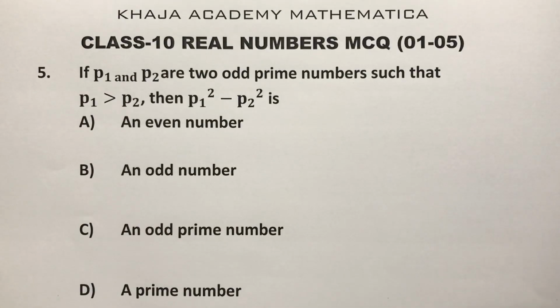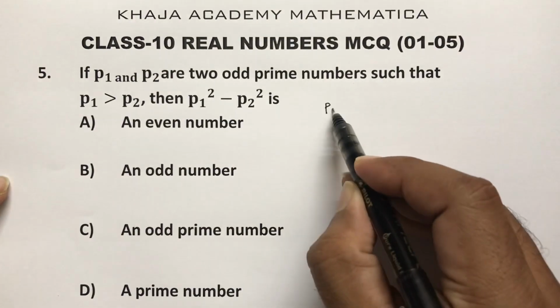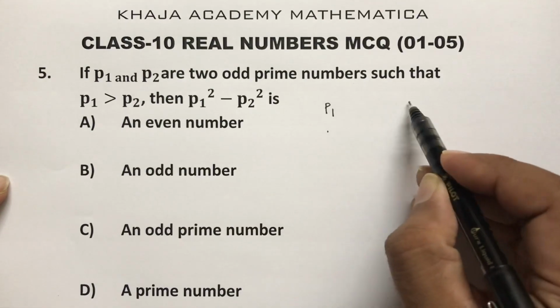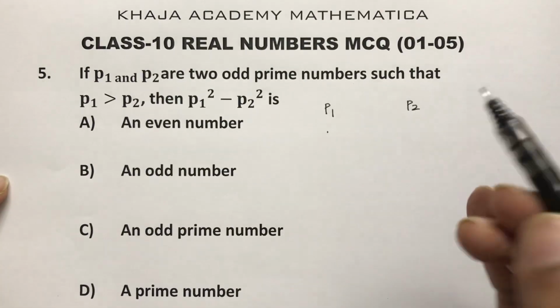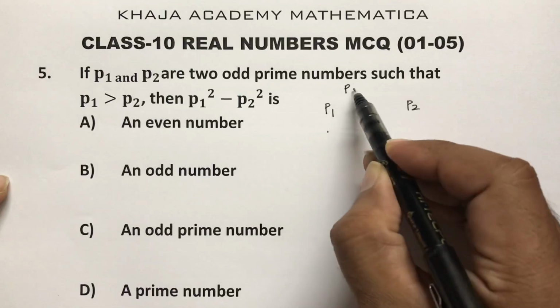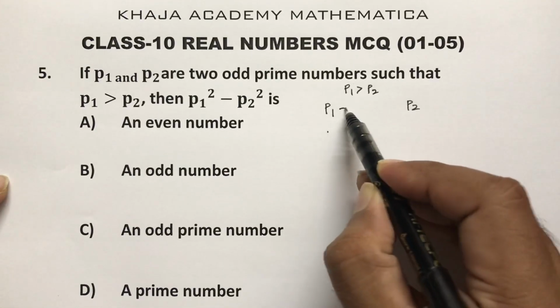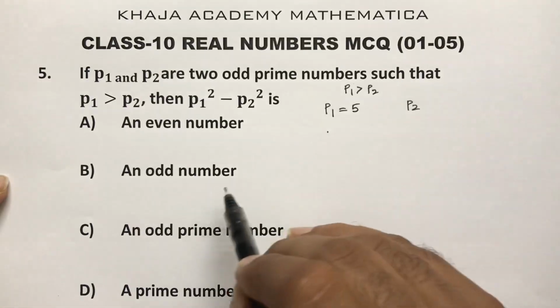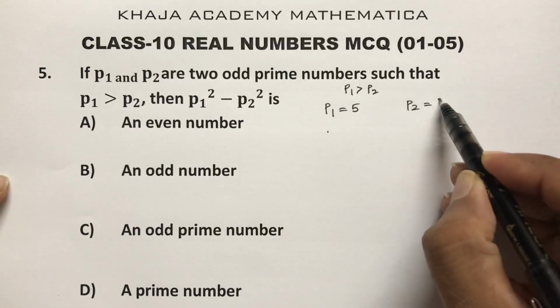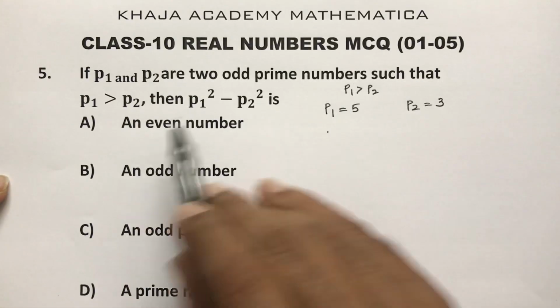If P1 and P2 are two odd prime numbers such that P1 is greater than P2. P1 is one odd prime number and P2 is another odd prime number, and P1 is greater than P2. So take the simple one. P1 you can take as 5, P2 you take 3, because P1 should be greater.